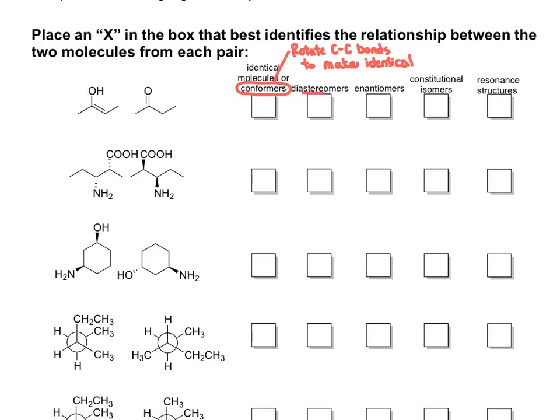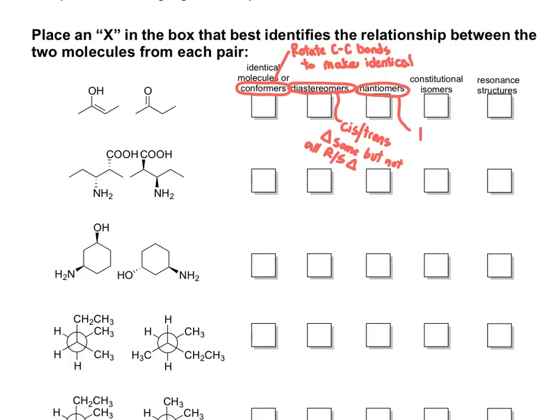Diastereomers are going to refer to molecules that are related to one another as the cis and trans flavors of the molecule. Or they're going to refer to situations where we've changed some, but not all, of the R/S chiral centers. Enantiomers are going to imply that we're creating non-superimposable mirror images.